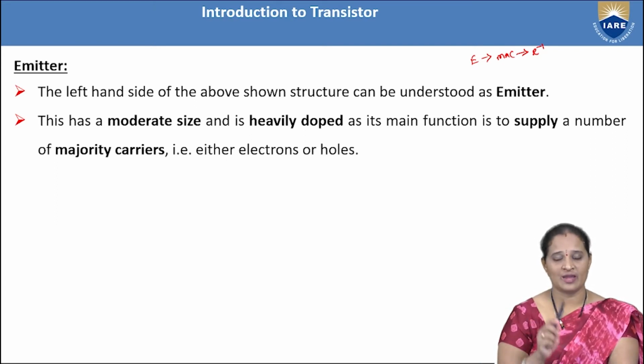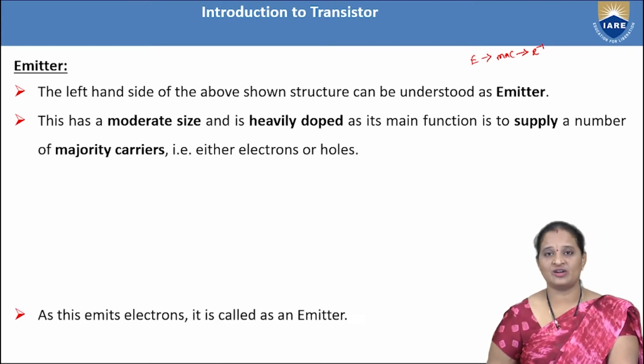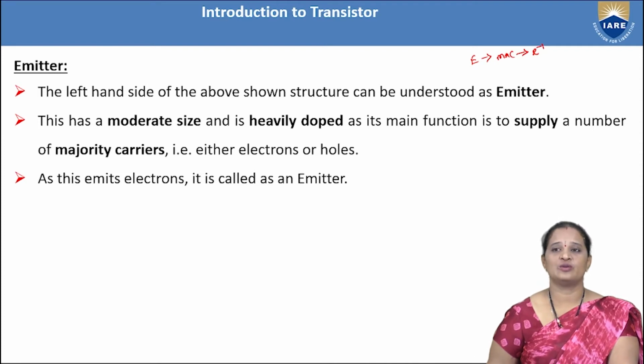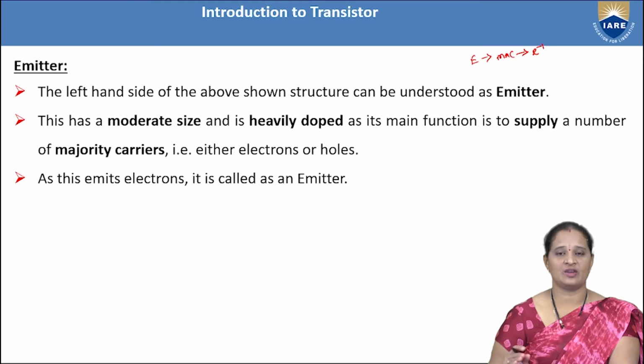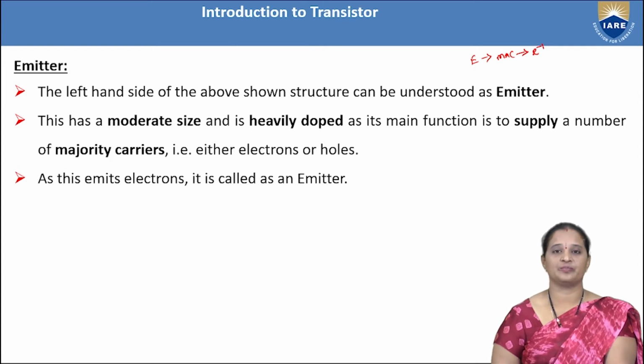So we have to remember that the main functionality of the emitter terminal is to supply the majority charge carriers, that is either electrons or holes: electrons in case of NPN transistor and holes in case of PNP transistor.